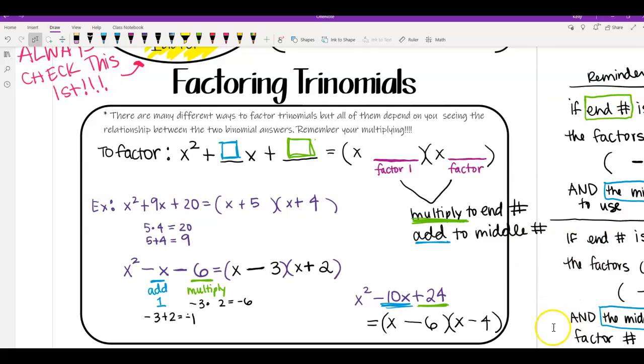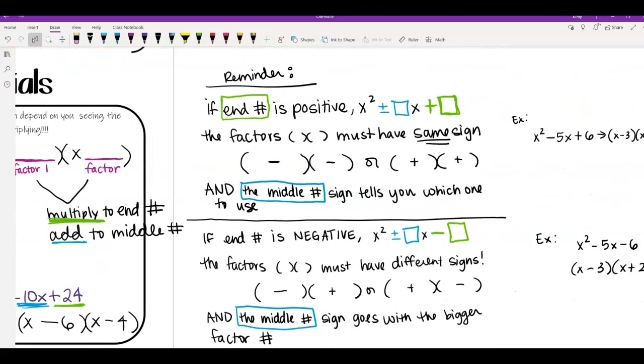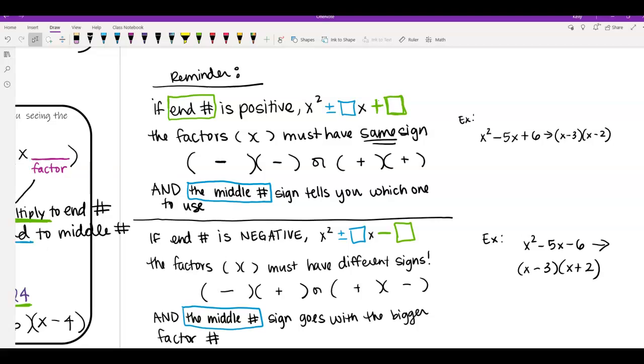One of the other things you guys usually liked to remind yourselves of when we did factoring was the whole idea about the signs. So just a reminder, if your end number, that's the last number, is positive, that means your factors have to have the same sign, so both negative or both positive. And the middle sign tells you whether you should have positive or negative.